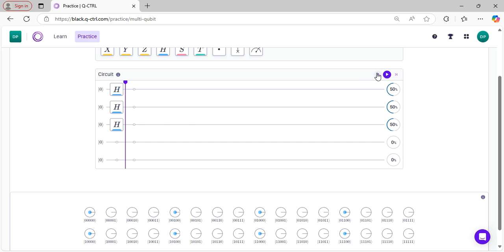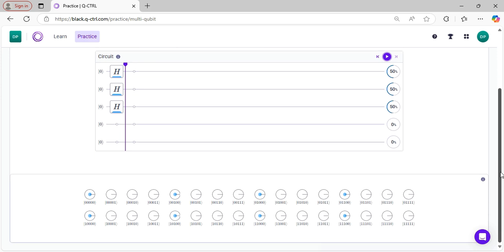Let's go back. See, 1, 2, 3. Okay. Now, you see, with 3 qubits with 1 Hadamard gate on each, there's only 1, 2, 3, 4, 5, 6, 7, 8.